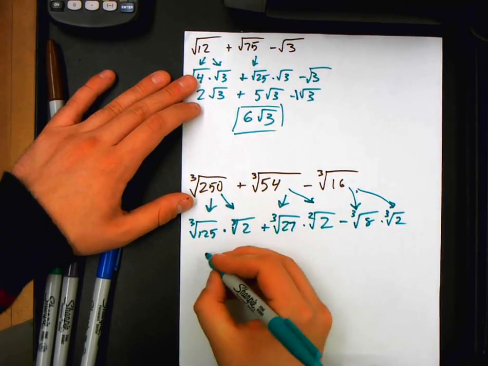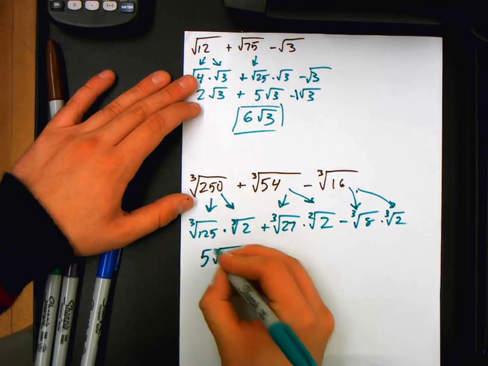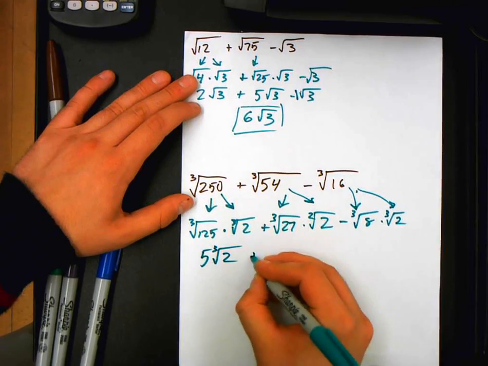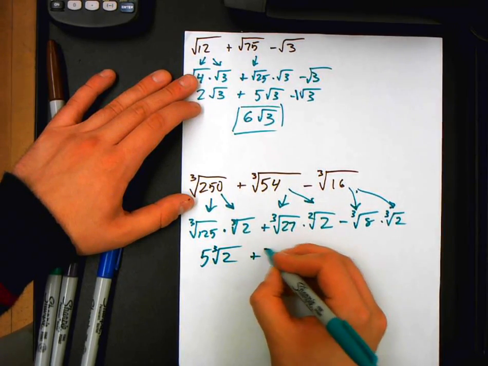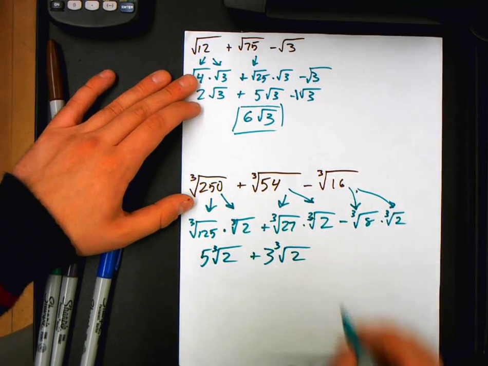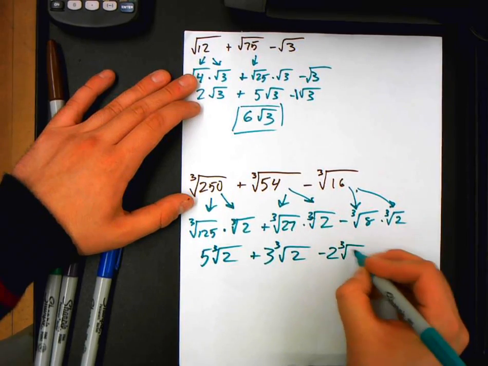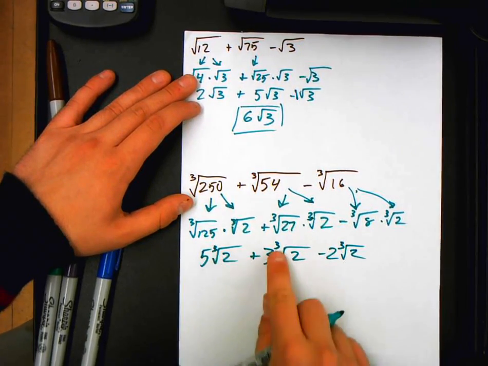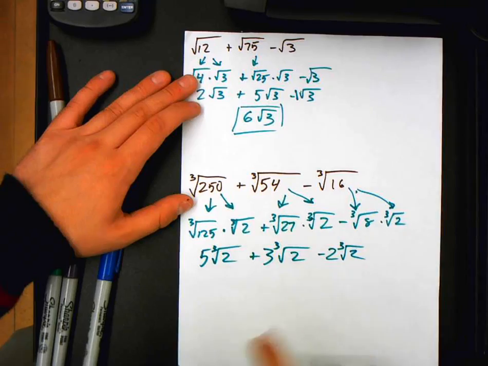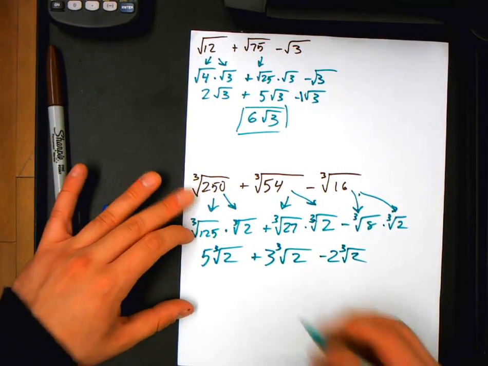Okay, the cube root of 125 is equal to 5. The cube root of 27 is equal to 3. And the cube root of 8 is equal to 2. Since all of my indexes are 3 and all of my radicands are 2, I can now combine the coefficients. 5 plus 3 is 8, minus 2 is 6.